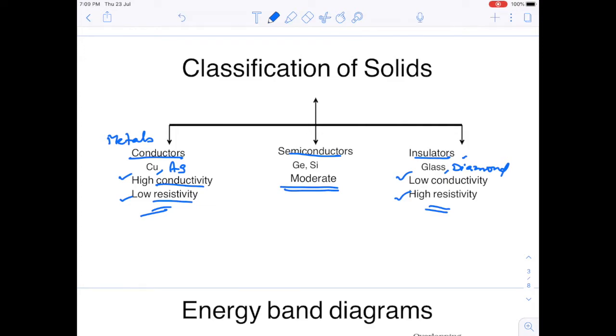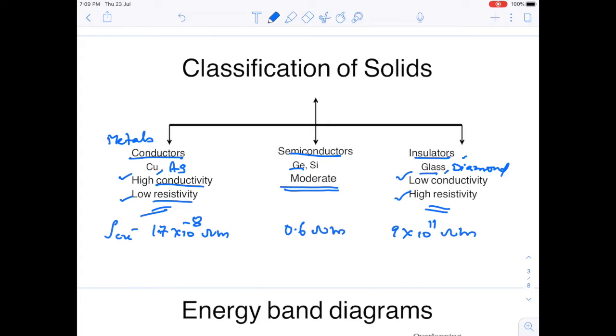Now, let us see some values of resistivity. For copper, the resistivity is 1.7 into 10 to the power of minus 8 ohm meter. For germanium, the value is 0.6 ohm meter, and for glass the resistivity value is 9 into 10 to the power of 11 ohm meter.